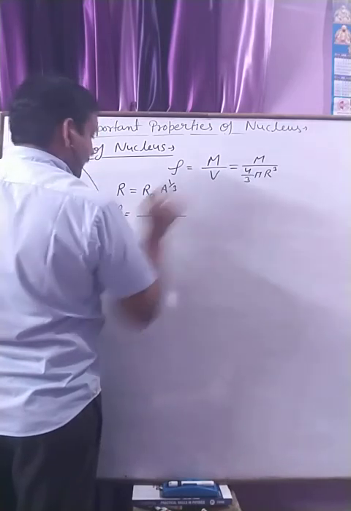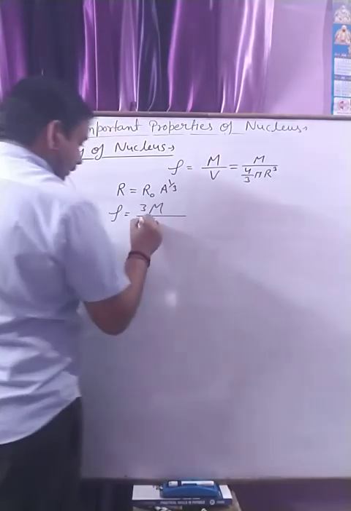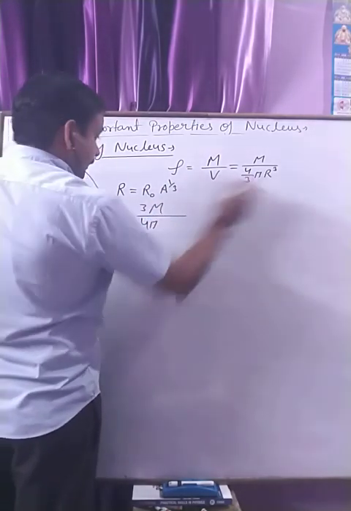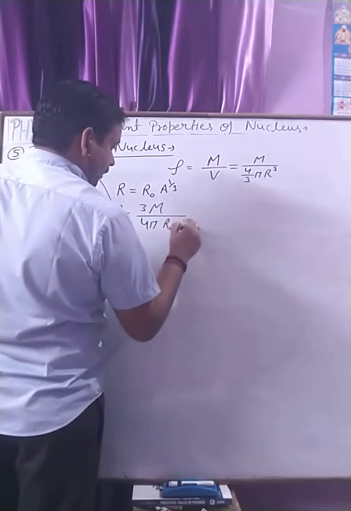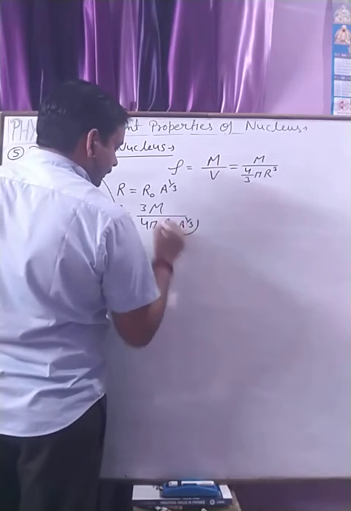this 3 multiplied to the numerator, 4 pi in place of (r naught A to the power 1 by 3) cube.